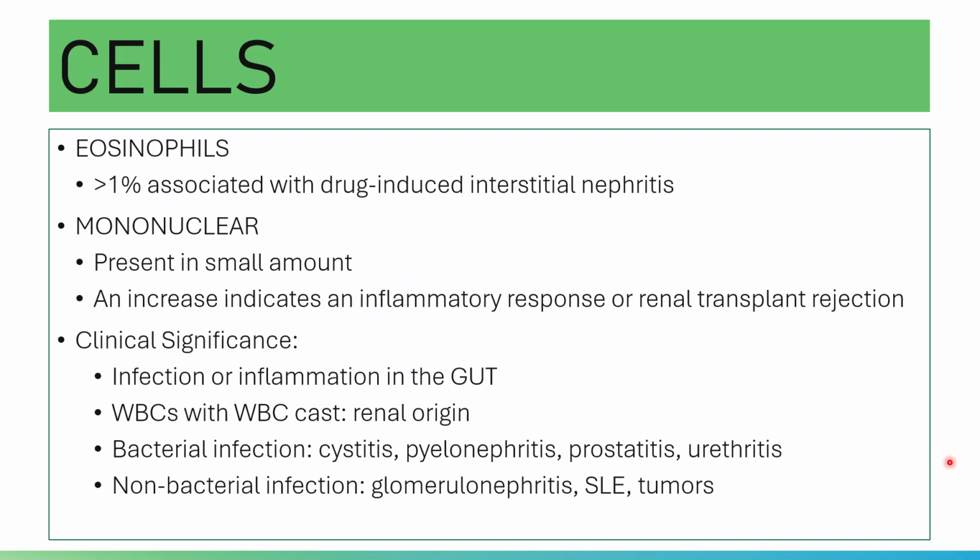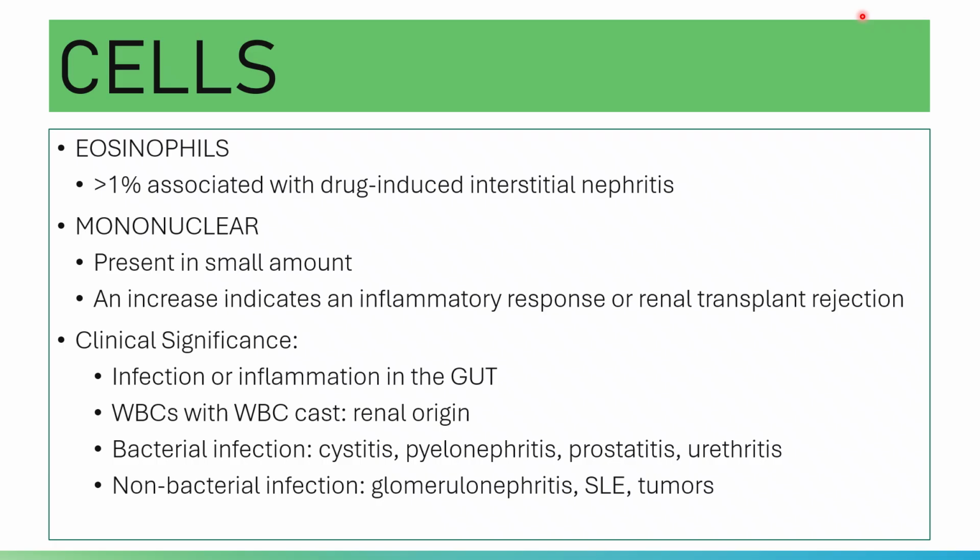Please note that greater than 30% mononuclears in the urine indicates chronic inflammation. Aside from that, increased mononuclears in the urine indicate an inflammatory response or renal transplant rejection.